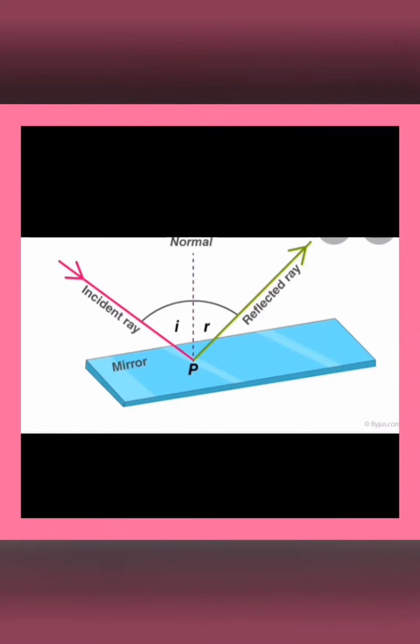So in this image, this is the plane of incidence, and on the other side, this is the plane of reflection.